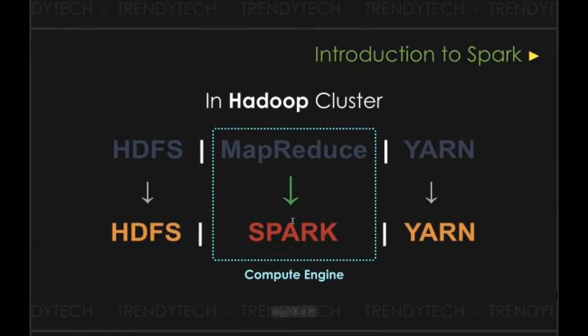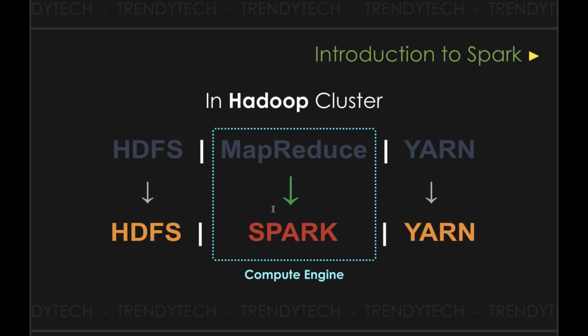That means Spark is nothing but, we can say, a replacement or alternative of MapReduce. You can compare MapReduce with Spark, because in Hadoop, what is the computation unit? MapReduce. Spark is also just a computation unit, nothing more than that. So if someone compares Spark with Hadoop, then those people are wrong, because Hadoop gives you three things.